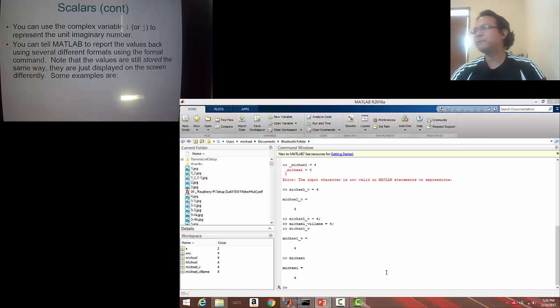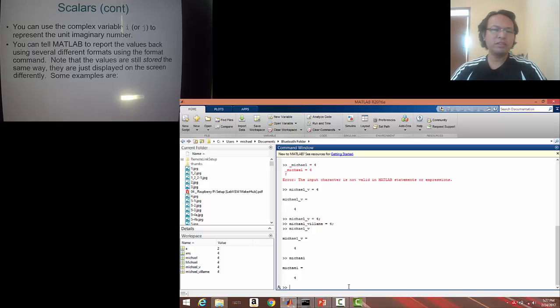You can tell MATLAB to report the values back using several different formats, using the format command. As you can see here, Michael V is equal to 4. By the way, there's another built-in function, pi. I think you know what the answer is.